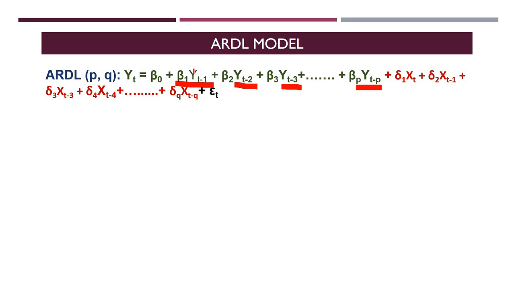So the dependent variable depends on its previous lags, as well as on the current value of the independent variable and the previous lag values of the independent variables.